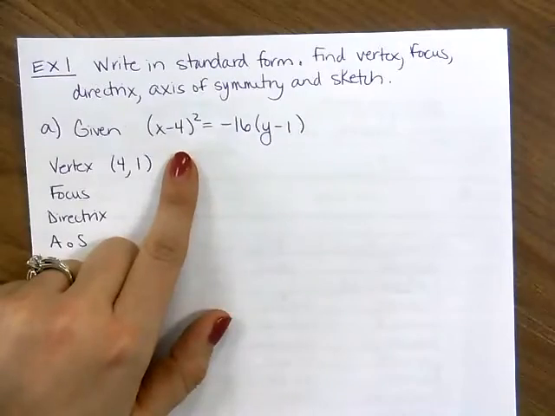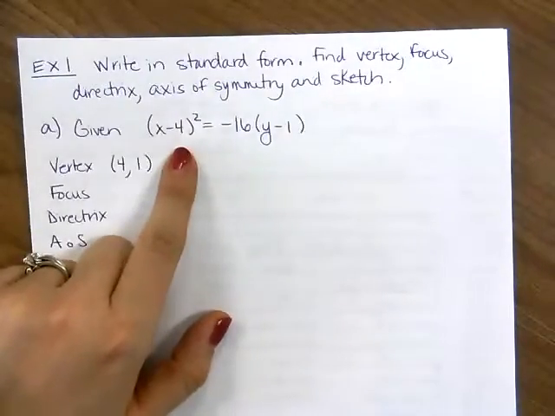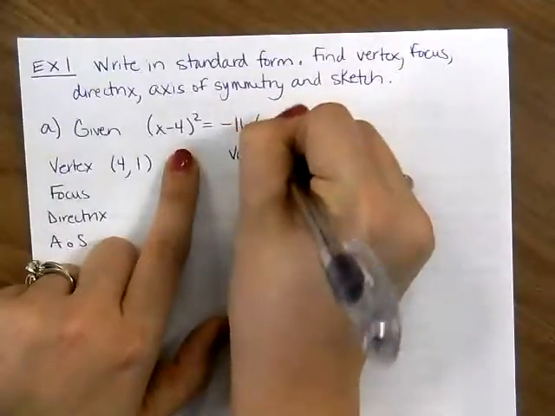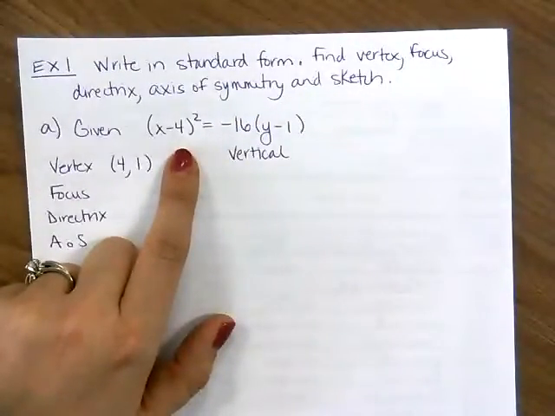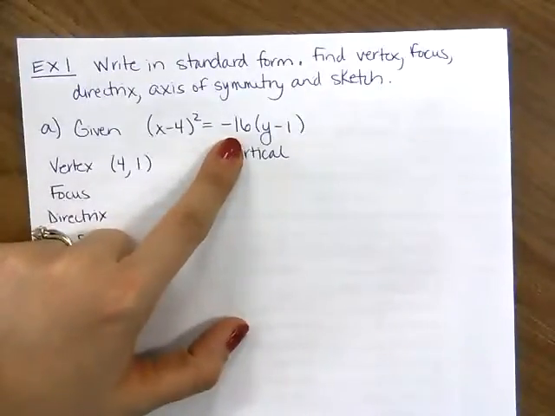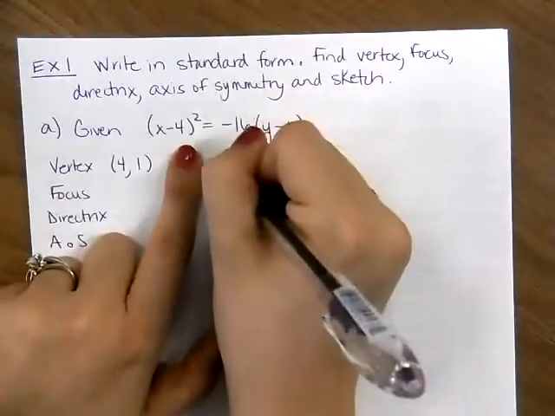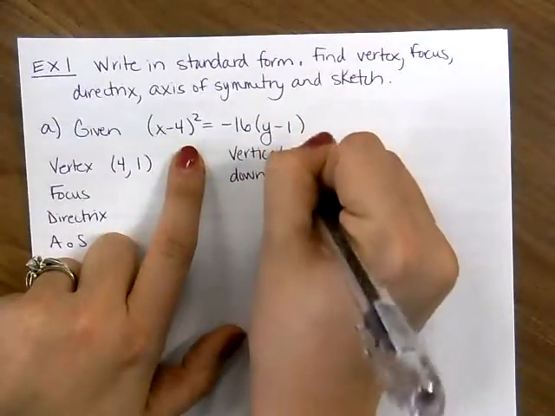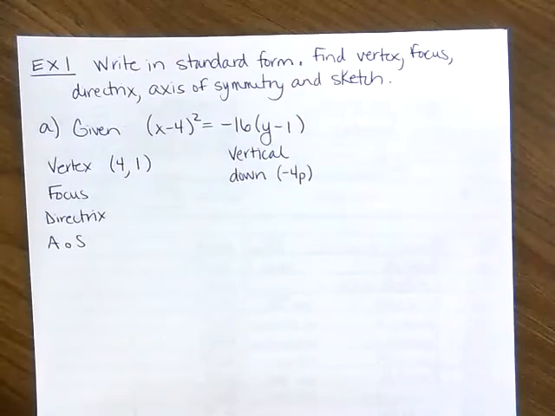First of all, is it vertical or horizontal? Vertical because we have an x squared term. So it's definitely vertical, so I'm going to make myself a note. Now I want to think about, does it point up or does it point down? Down, because we have a -4p. Which part of the equation is the -4p?